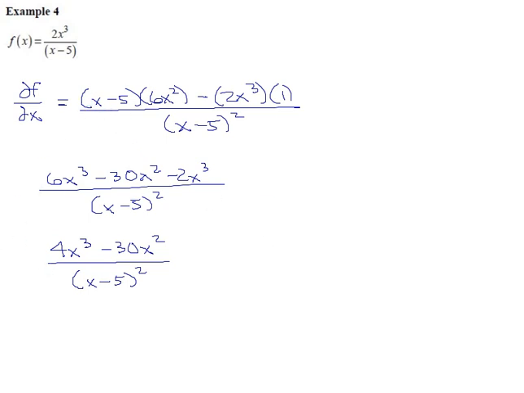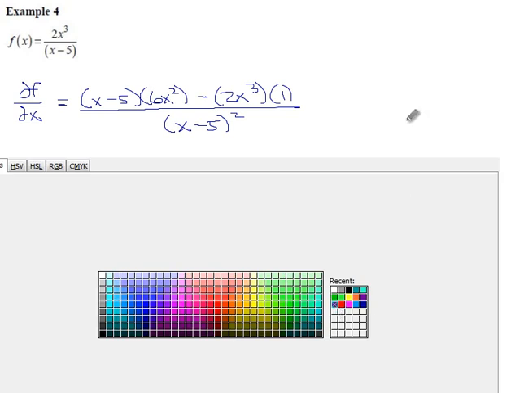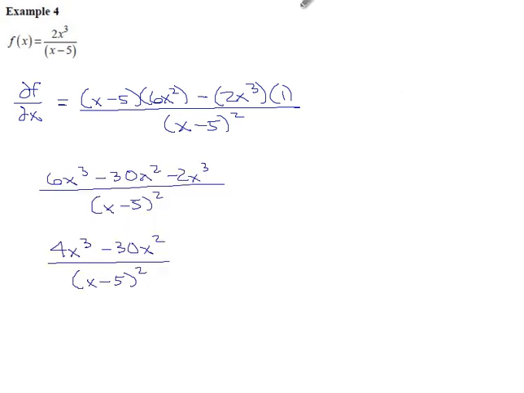Now, what we want to show you here is if you really hated the quotient rule, it is 100% avoidable because anything that is a quotient can be rewritten as a product of a reciprocal.